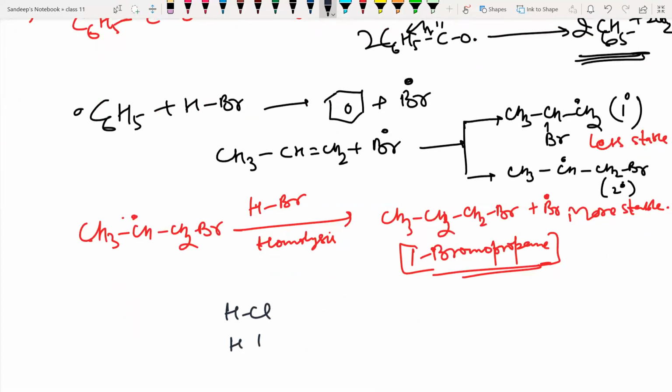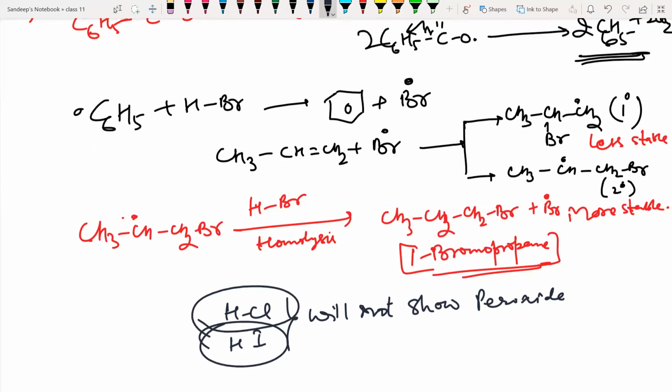HCl and HI will not show the peroxide effect. Even if you have peroxide, HCl and HI will not show that.